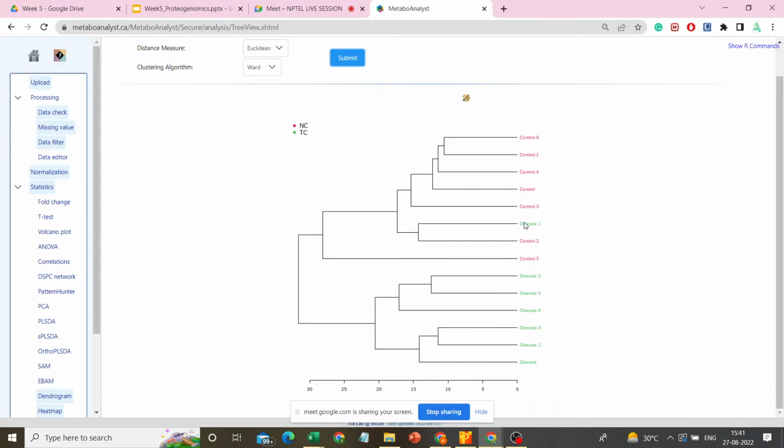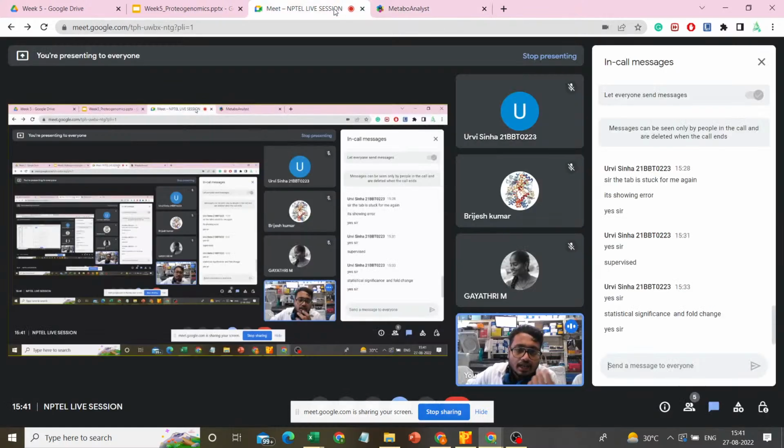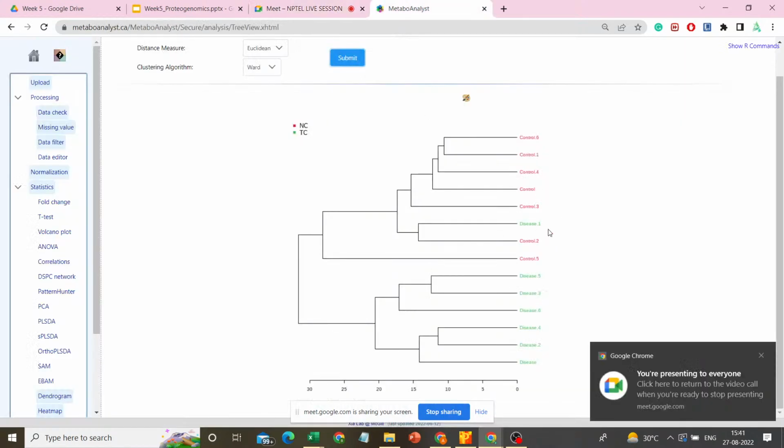Now it becomes interesting to look at why it is behaving as a control, or what could be the reason. With different algorithms and techniques, you can analyze your data and try to find out whether both are getting differentiated, or if some particular one is behaving differently.